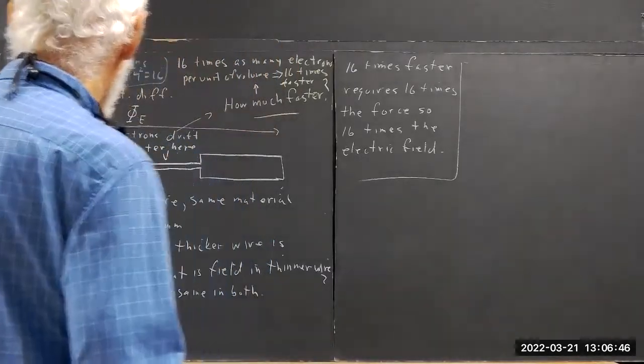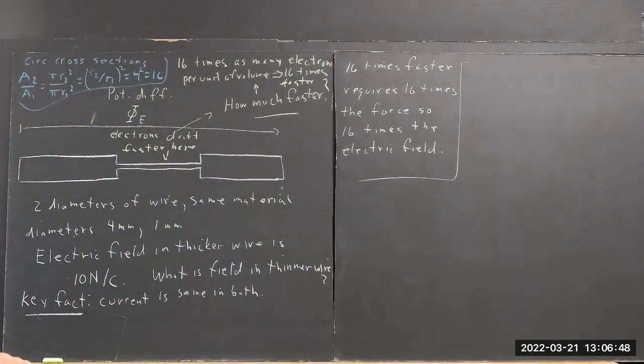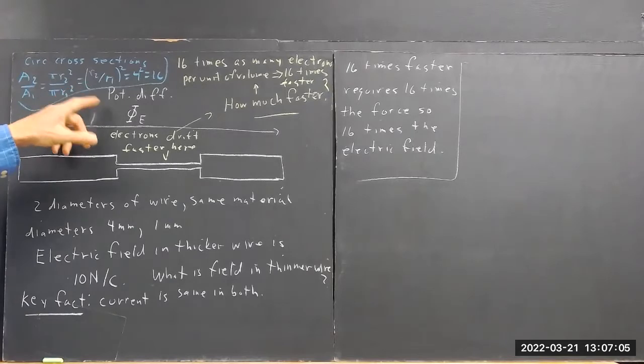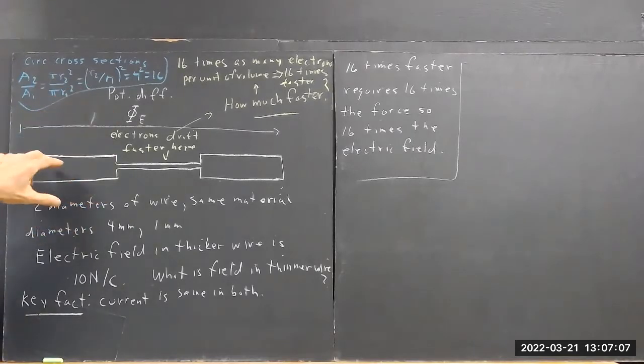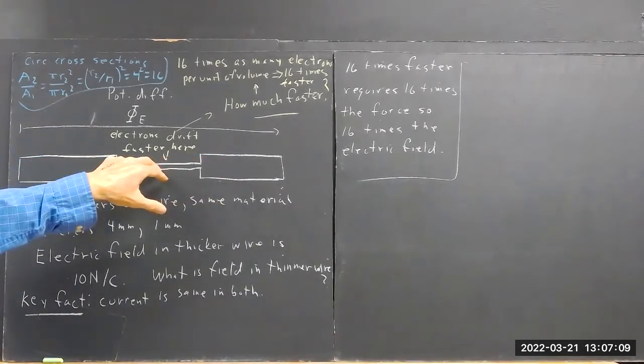Well, if you need 16 times the electric field, then the question becomes, how is the potential difference distributed between here, here, and here?